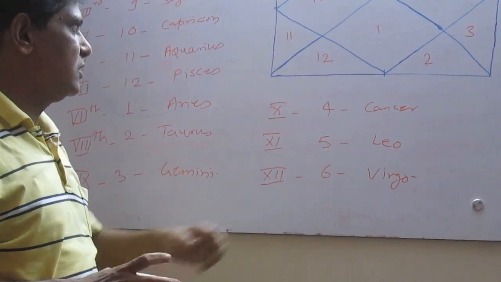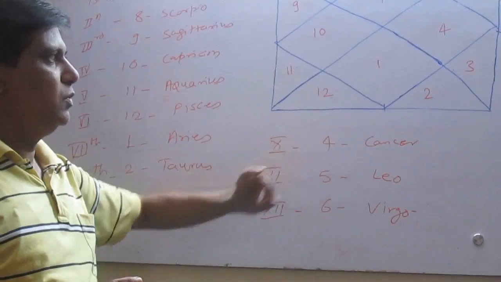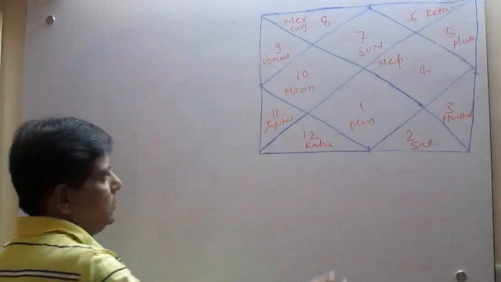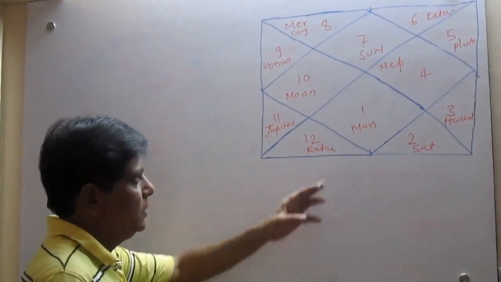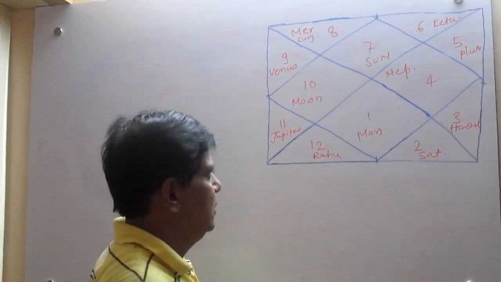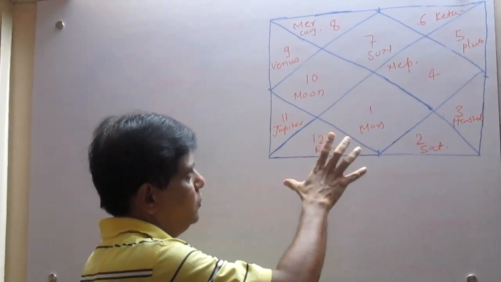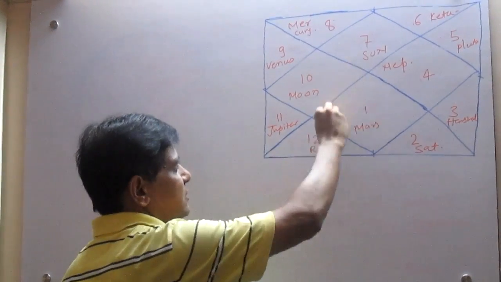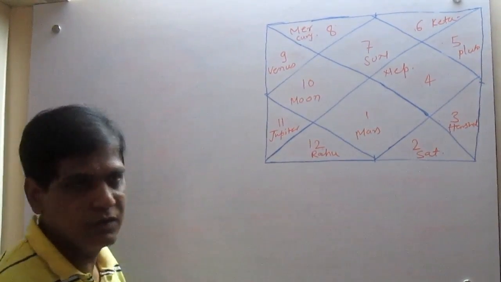Unlike stars, which can be one or many in one house, only one Rashi is present in one house. The figure shows the total chart, which indicates the Rashis and stars present in each house. The chart will be complete by showing all the Rashis and stars present in all the houses.